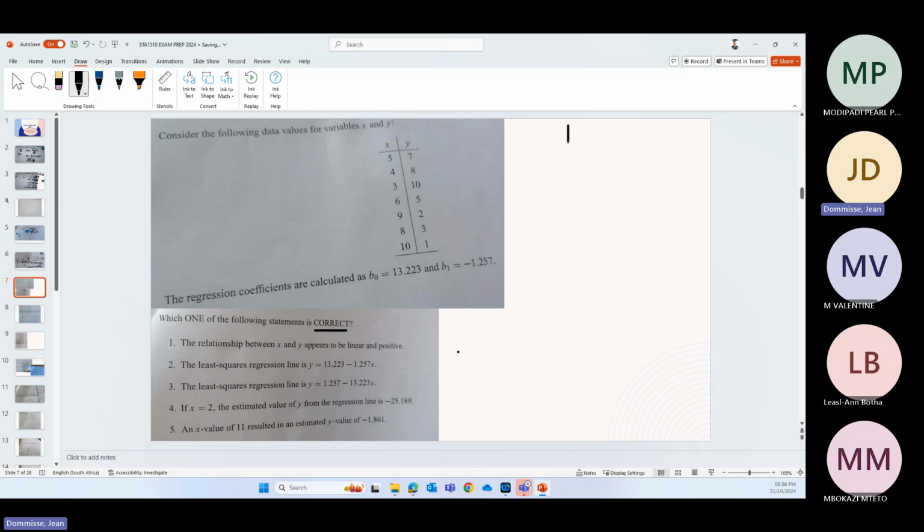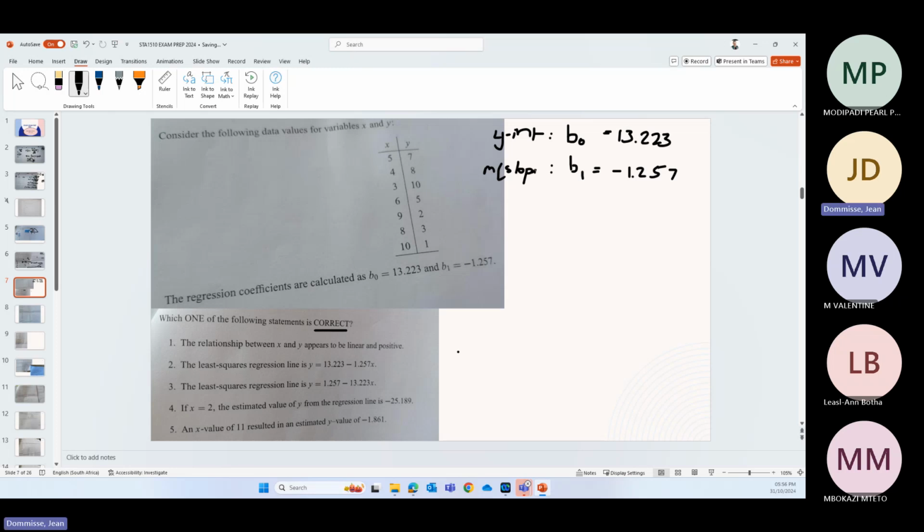Let's first write down B0, and that is your y-intercept. That was the regression coefficient. So B1 is minus 1,257. That's your M or your slope.